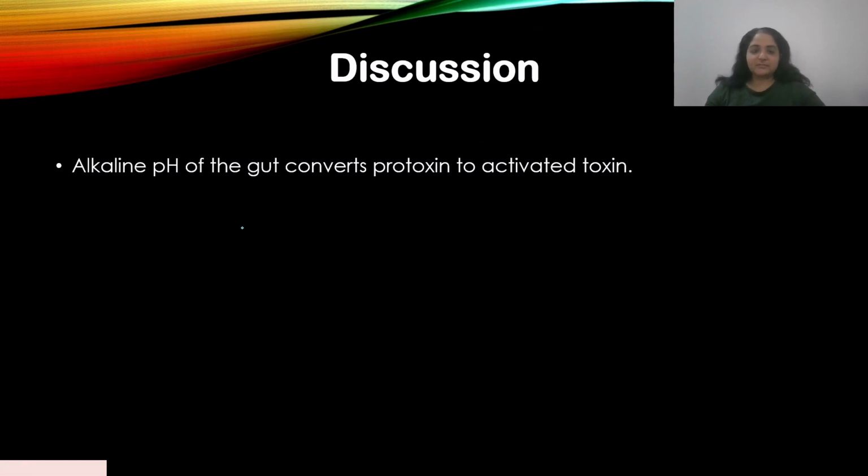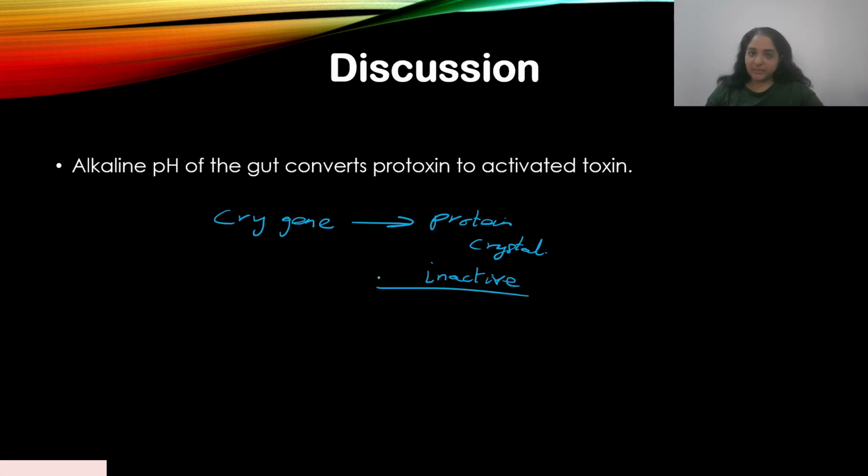Again, I've already explained that the cry gene encoded that particular protein crystal, which was toxic in nature. It is inactive, therefore it does not affect the bacteria itself. It gets activated only in alkaline conditions.